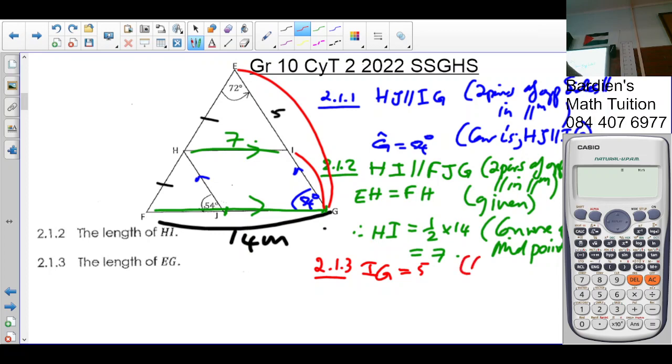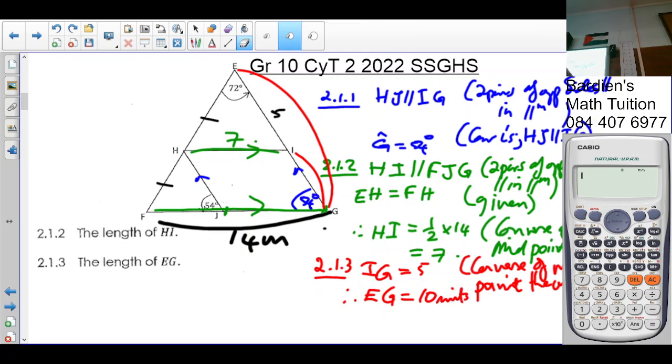The converse of the midpoint theorem. Therefore, EG is equal to 10 units. Or 10 meters in this case. Right, you guys understand?